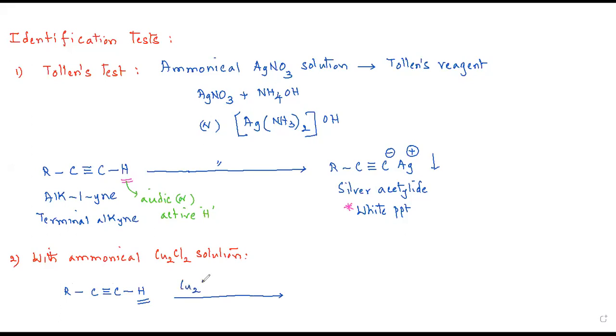In this case, consider cuprous chloride along with ammonium hydroxide. That is ammoniacal cuprous chloride solution. Just like in the previous case, here we get red precipitate of copper acetylide. Okay. Color of the precipitate is important.